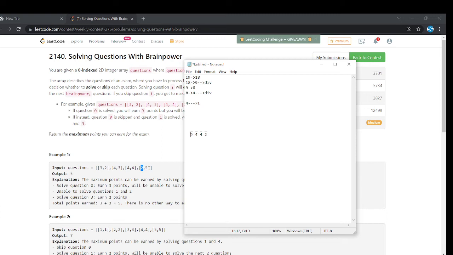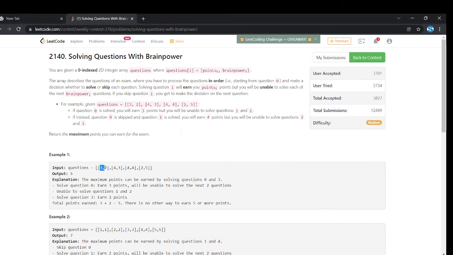The main crux of this question is, suppose here if we solve this question, now these 2 questions won't be available for us, but the questions starting from here would be available, right?